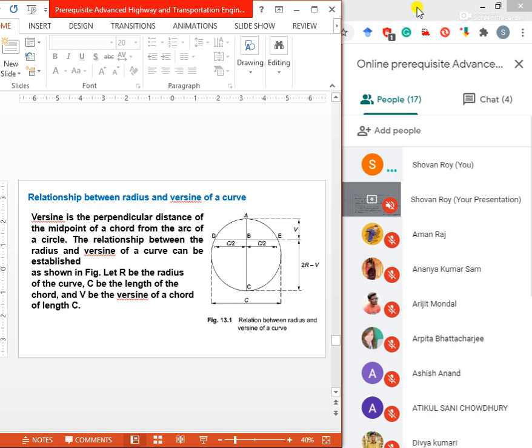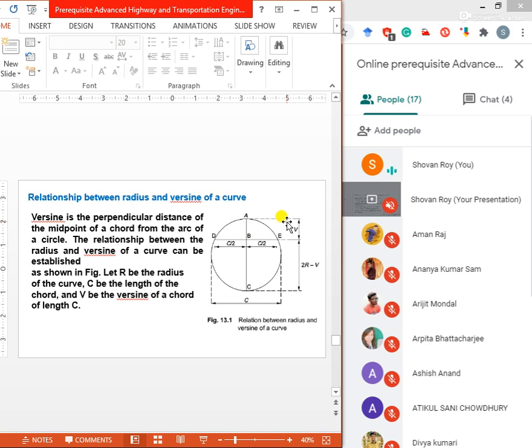From the figure, a relation has been shown where a circular curve is there, and the versine AB is connected to the chord from the arc. AB is the versine.